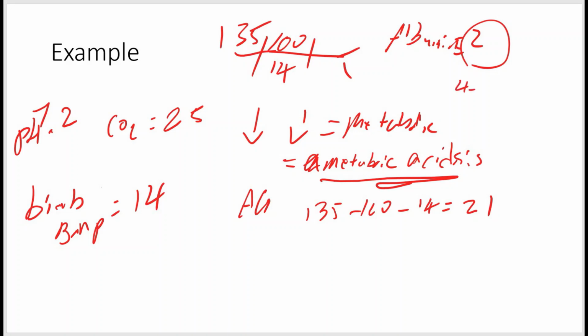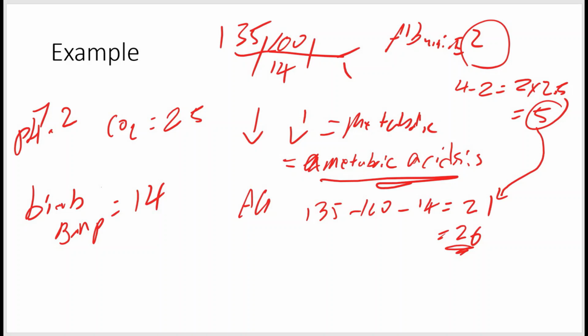That's 4 minus 2 gives you 2, times 2.5 gives you 5. You add this to the anion gap that you found, so that becomes 26. So this patient's anion gap is actually 26 when corrected for albumin.